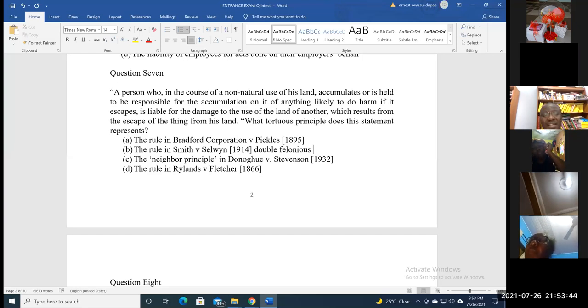So in the past, according to the rule in Smith, that would mean that if, for example, there was an accident, a careless driving, which at the same time is also negligence, a breach of duty of care, the rule in Smith and Selon said that you need to prosecute the careless driver for the offense of careless driving before you come and pursue the civil liability aspect of that same incident.